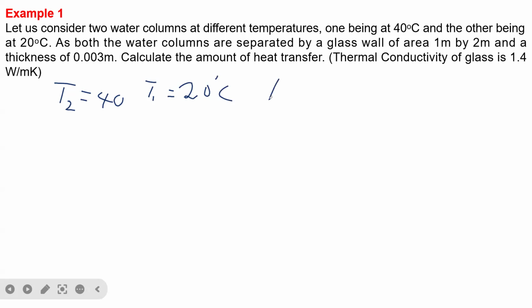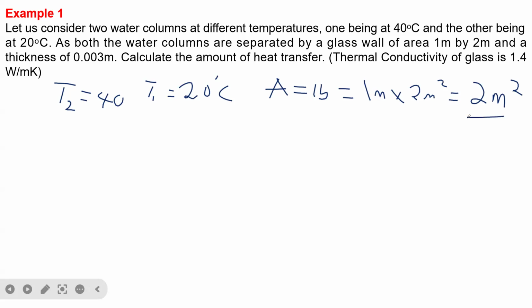Because it is given in length, remember, area is length times breadth. So we have 1 meter by 2 meters, so 1 meter times 2 meters gives us 2 meter square. So we have the area to be 2 meters square.